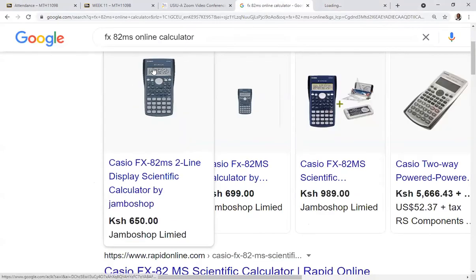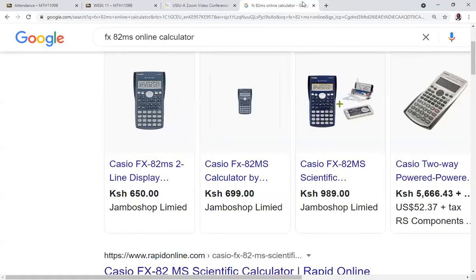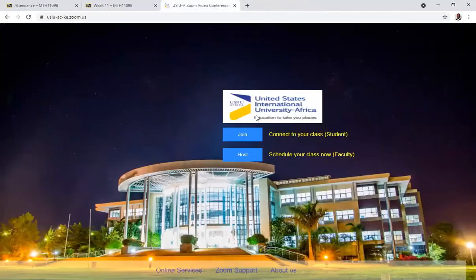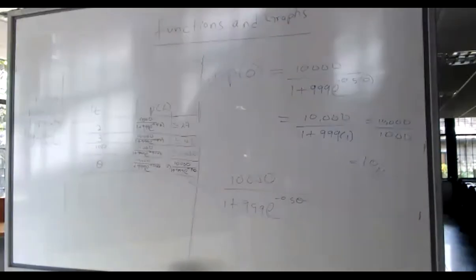I'm trying to magnify. It's not magnifying, so I can show you this after class, please. I'll show you this. It's very easy.